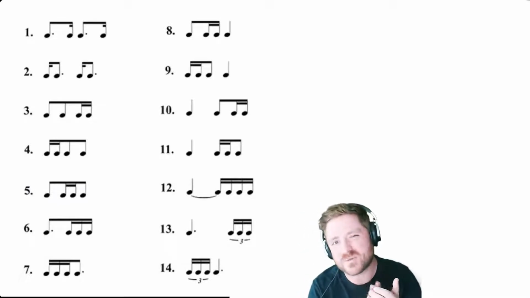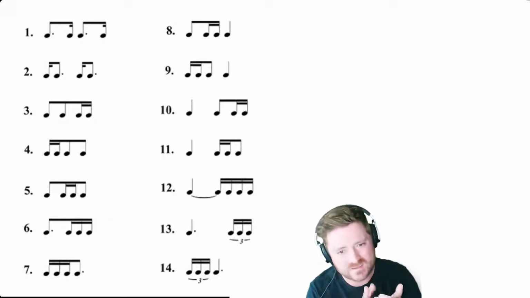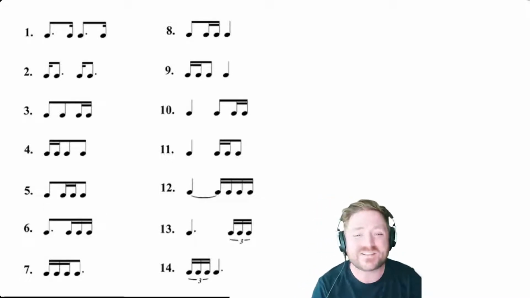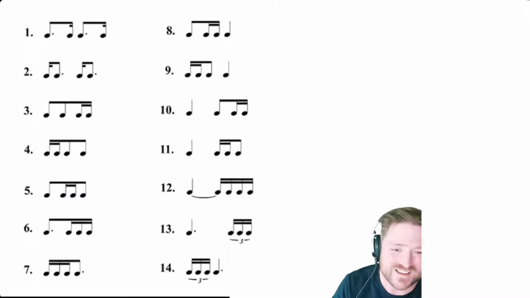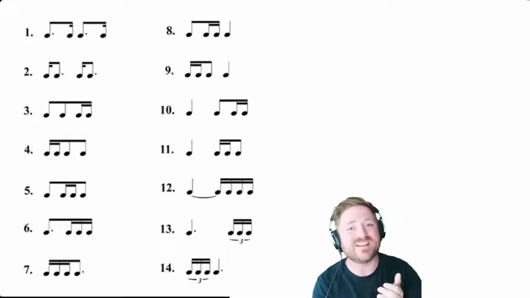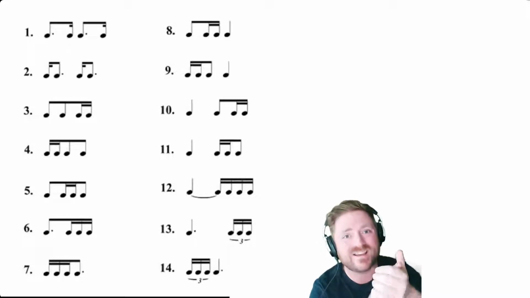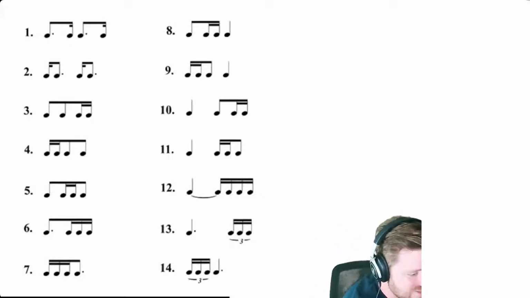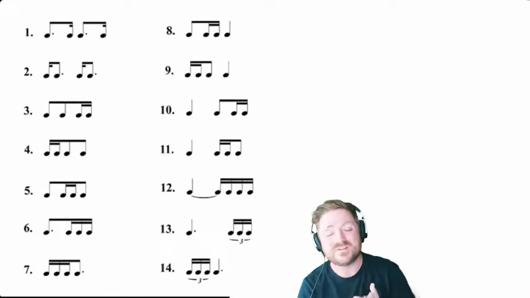Lovely. Now let's swap to number 7. Ready? Da, da, da. So, da, da. Hang on. So number 7 is trickier, as you can probably gather. Da da da da da da da da. Okay, so let's try that one together. 1, 2, 3.